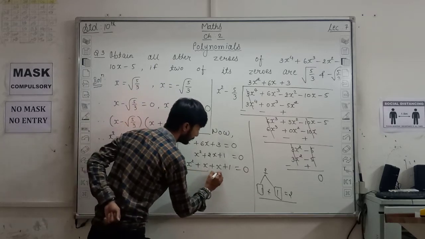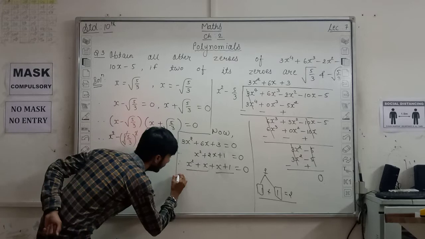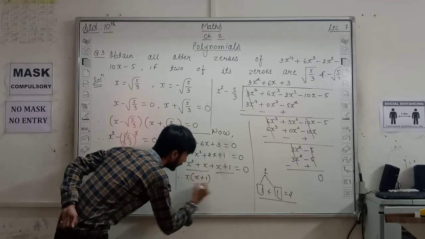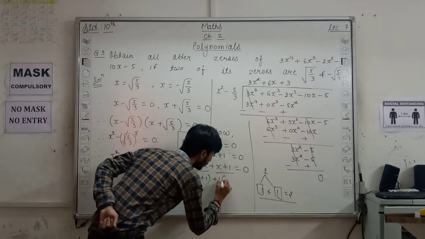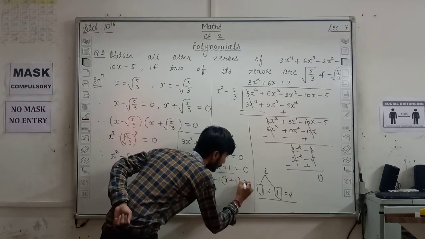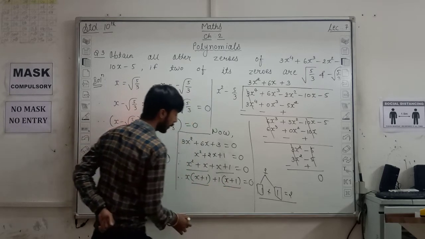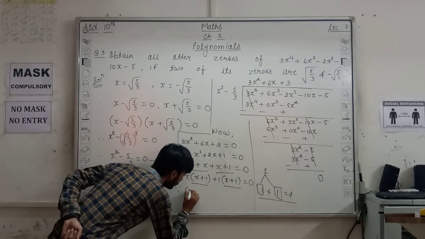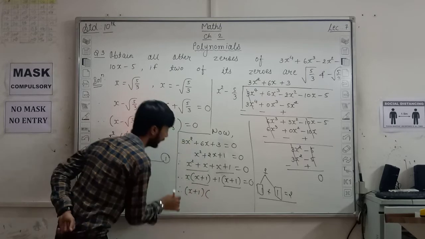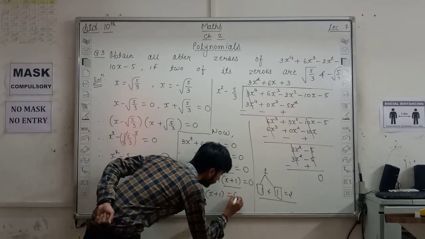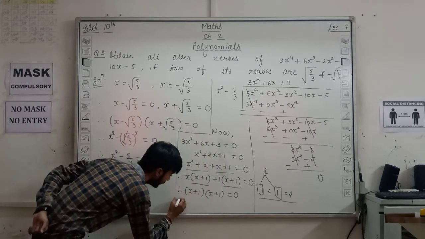Now by parts, from these two terms take x common, x in bracket x plus 1, plus 1 in bracket x plus 1 equals 0. x plus 1 is common, therefore x plus 1 times x plus 1 equals 0, right?